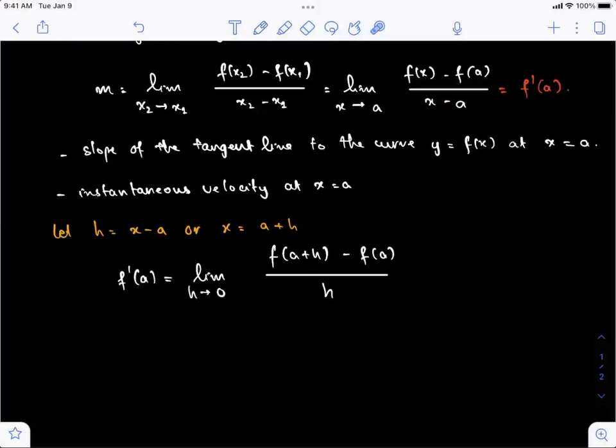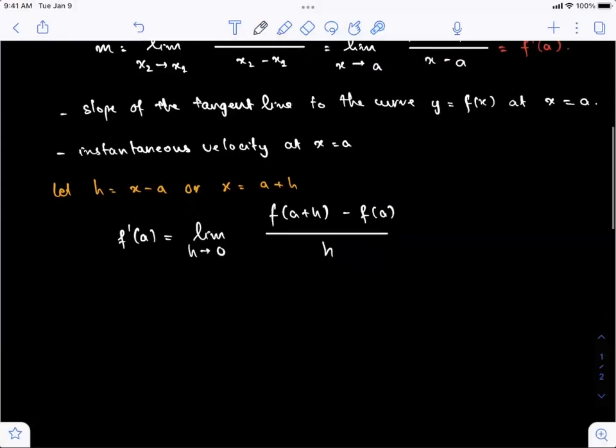What about the derivative of a function in general? So what we did is that we take out the a, or we vary a, or replace a by a variable x.